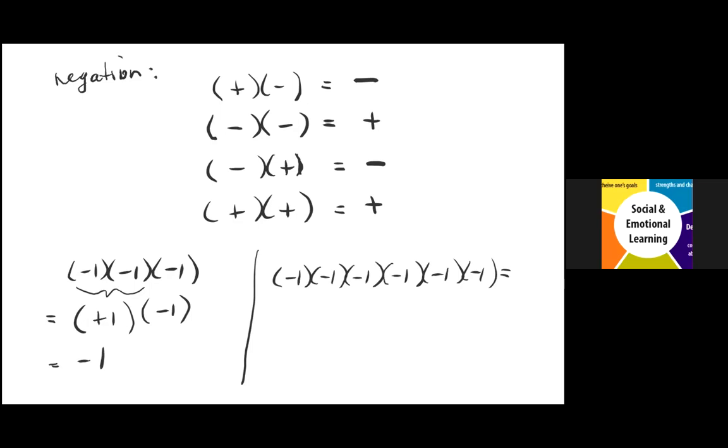How can we use this rule to generalize? We don't have to do this multiplication every single time, right? Could we just count the number of negative 1s? What is this product going to be?